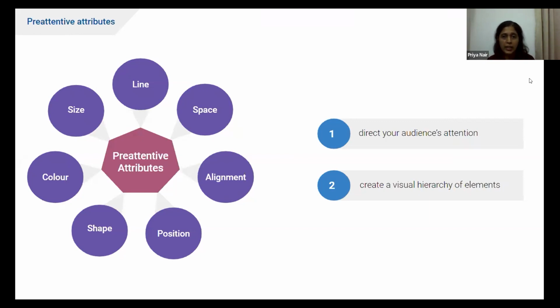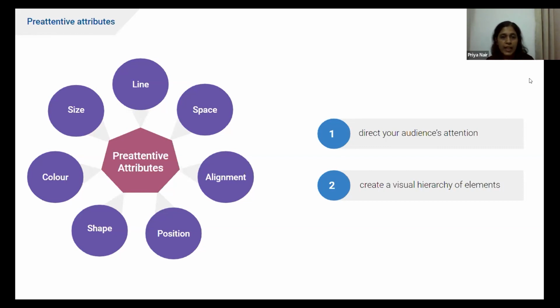These are called pre-attentive attributes because they are used, one, to direct your audience's attention or focus to the point where you want them to look. And second, to create a visual hierarchy so that you lead them through the information on your dashboard in a way that you want them to process, right? So for those things, these elements will be helpful for you to design your visuals.